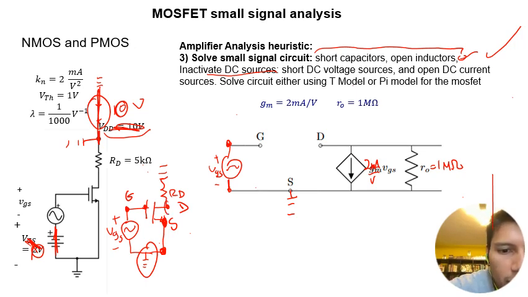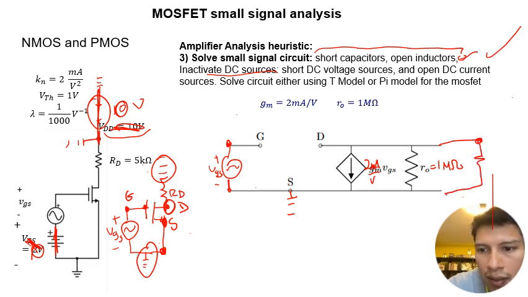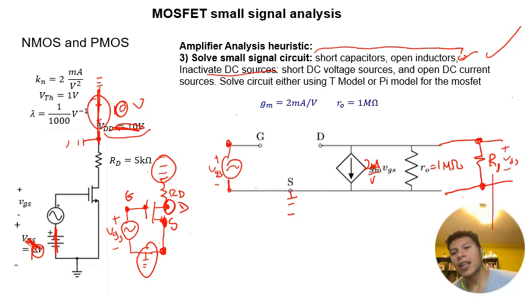And then between the drain and ground, there is RD. So here's the drain terminal, and then we have RD. And then this would be plus minus vds, which is just the voltage between the drain and the source, or the drain and ground, because the source is grounded.